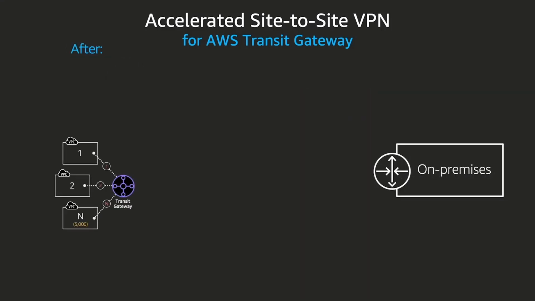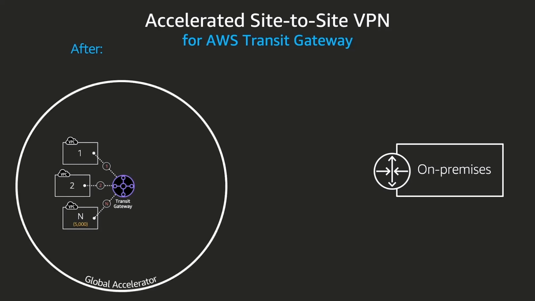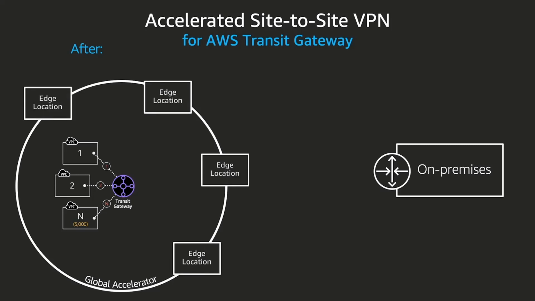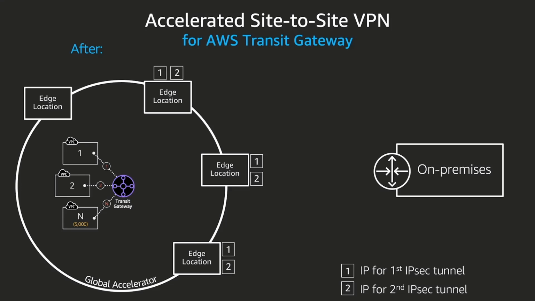Now with accelerated site-to-site VPN, we're taking that same architecture, but we're actually adding Global Accelerator into the mix so that we can use our edge locations. And so our two IPs that we would connect to for our VPN connectivity previously directly on the Transit Gateways, those IPs are actually advertised like Anycast IPs out of our edge locations.